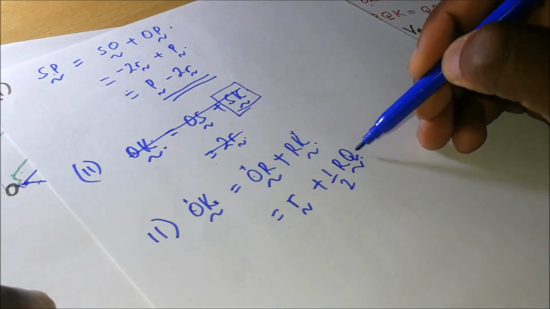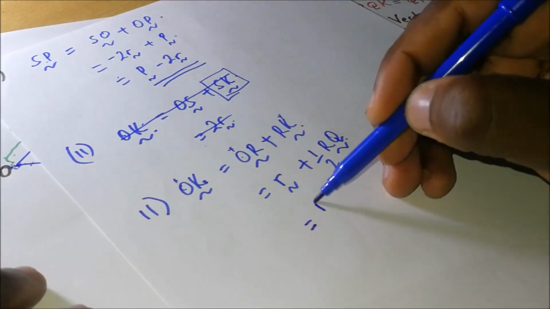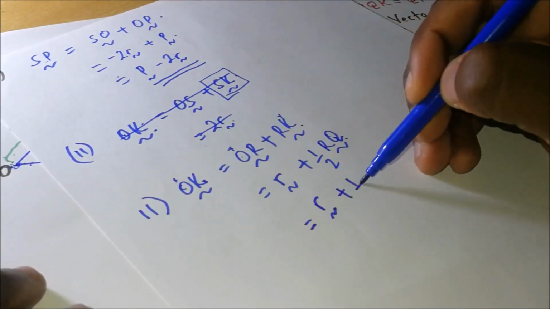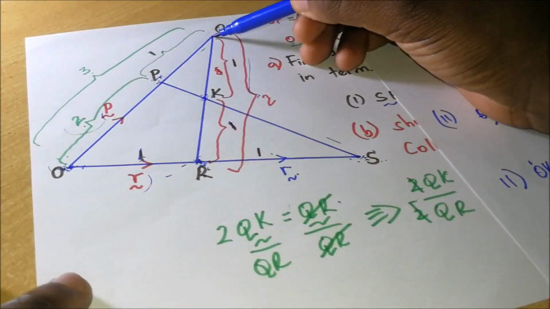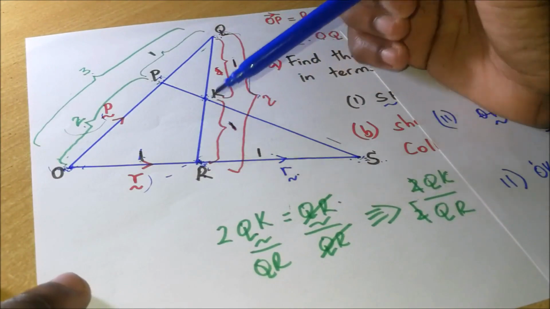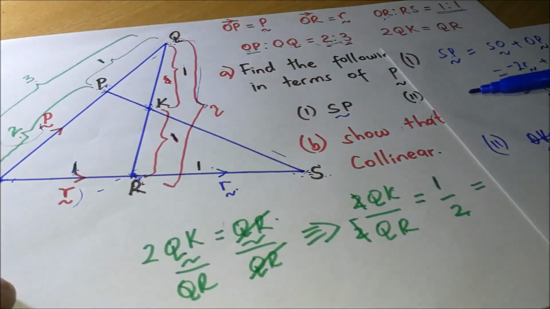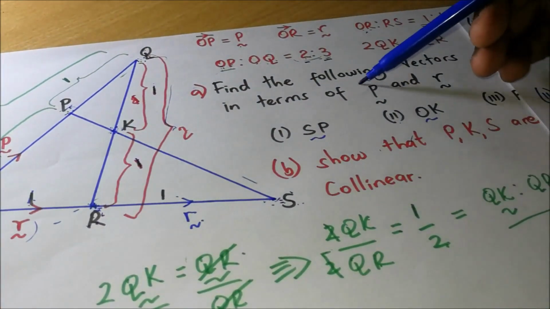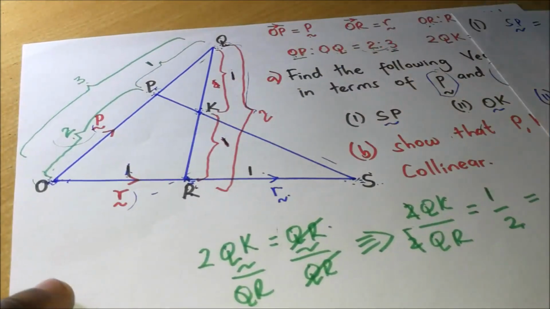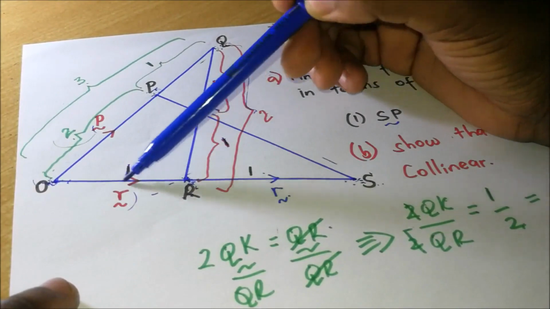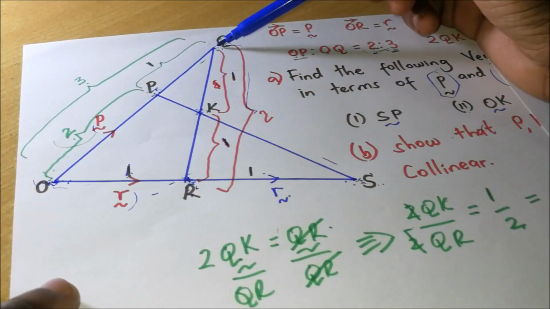So the issue is now what is RQ. Our next level is going to be R plus a half RQ. We want to make sure that our answers only have P and R. So we have RQ in terms of P and R, using this route because they're the ones that are labeled.